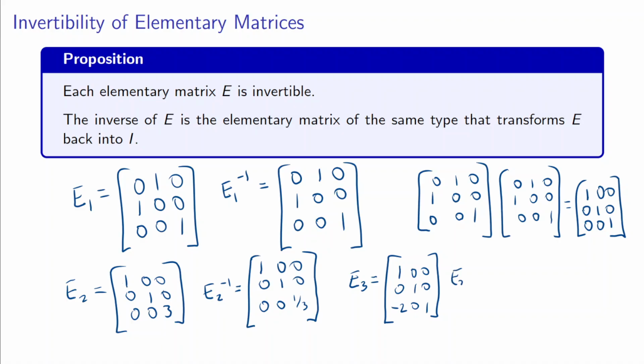So the inverse of this would be 1, 0, 0, 0, 1, 0, 2, 0, 1. And again, you could multiply these together and just double check that this would indeed return us back to the identity. So each of these is invertible, and its inverse is whatever would transform it back to the identity.